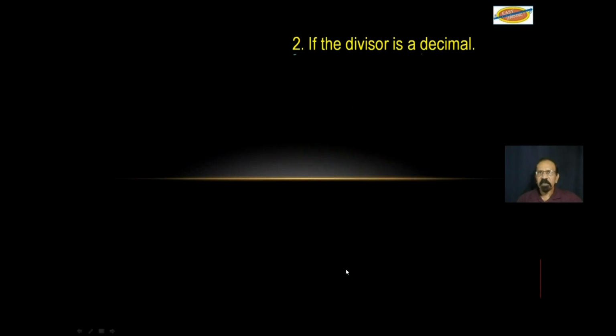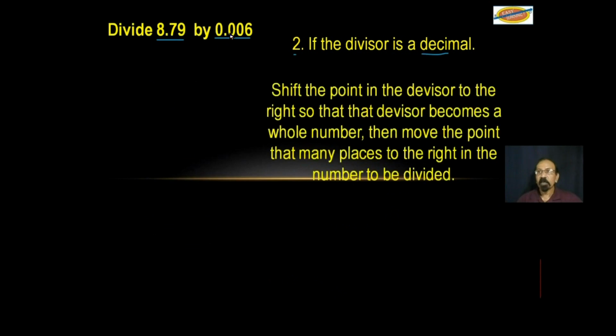If the divisor is a decimal, which is the second example of what we just did, 8.79 divided by 0.006. So we're dividing a decimal by a decimal. Remember what we said about making this divisor a whole number. You shift the point as many places as required to make it a whole number.